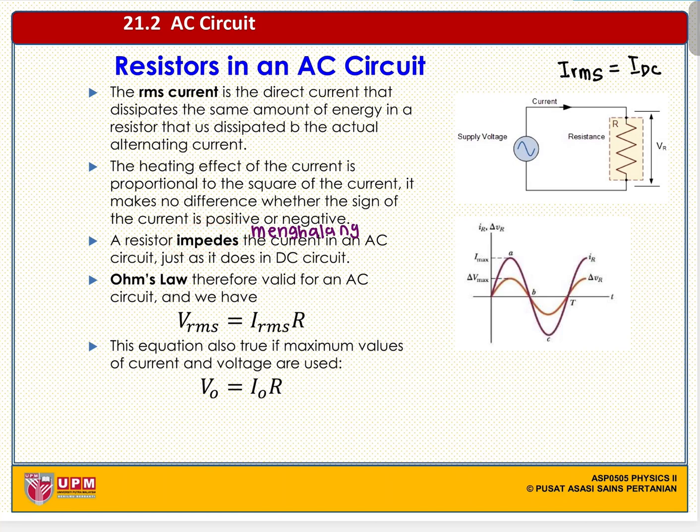Okay. So when you have IRMS, you have VRMS. The relationship between VRMS and IRMS in the resistor is VRMS equal to IRMS R. This VRMS is actually your VRMS across the resistor.